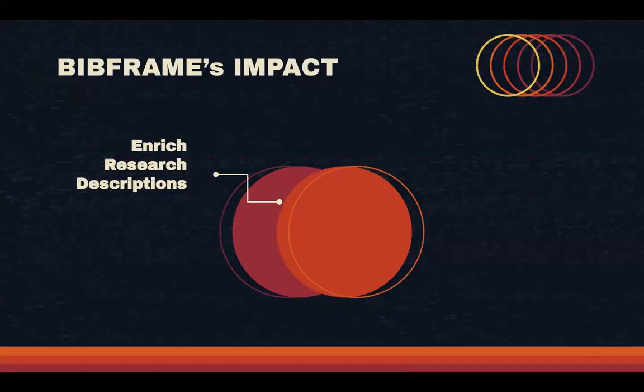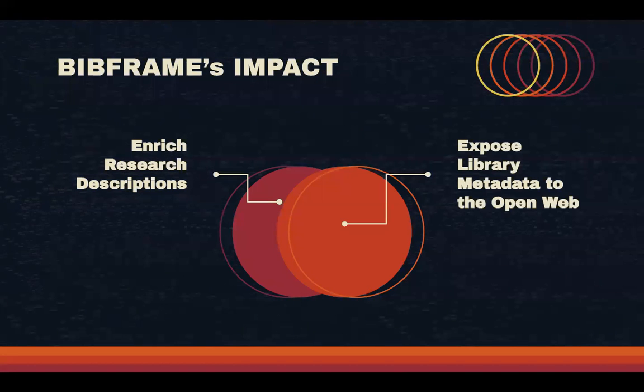Now, BIBFRAME has many different impacts. One of them is it enriches resource descriptions, because it's not just bibliographic, but it's also contextual information that's linking different resources together. Another impact is it exposes the library metadata to the open web.